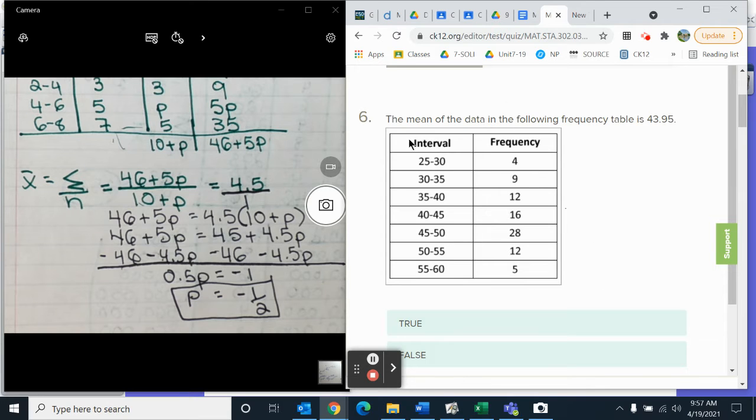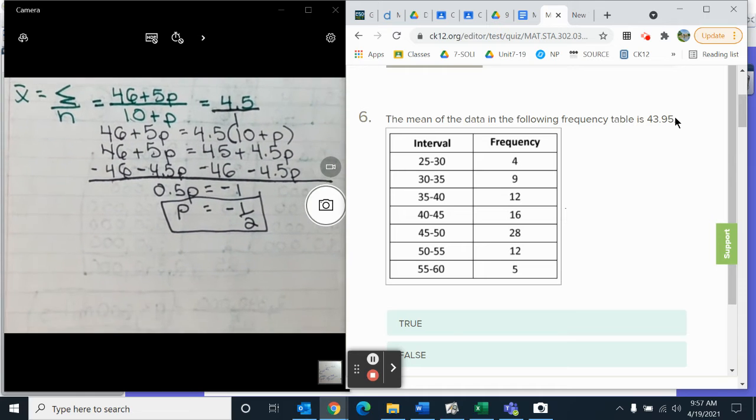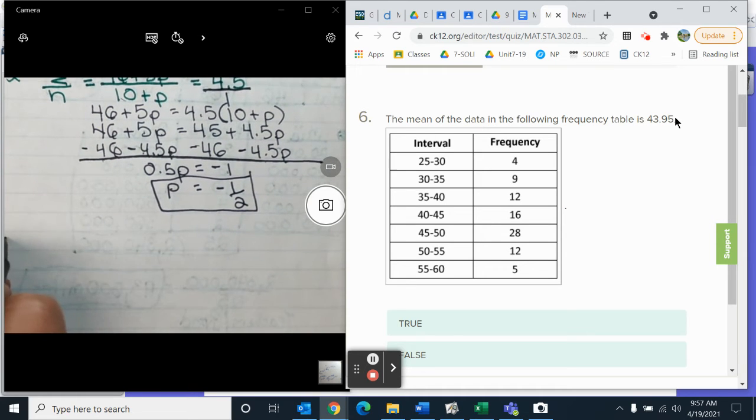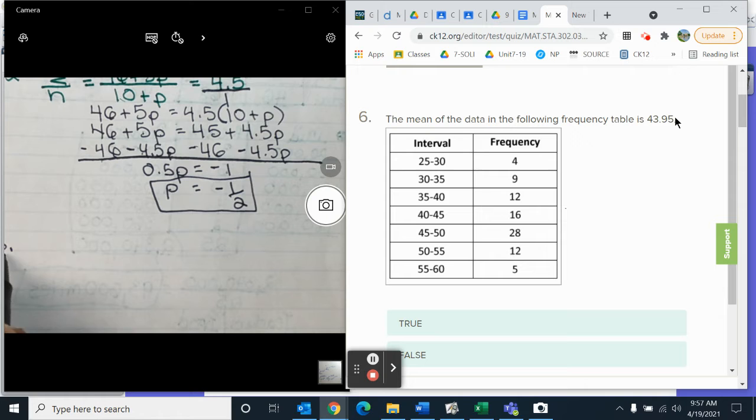Now here, we're told that the mean is 43.95. This is number 6. So let's find those mid-intervals.